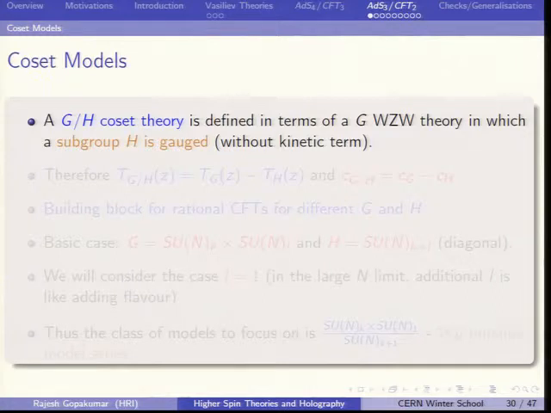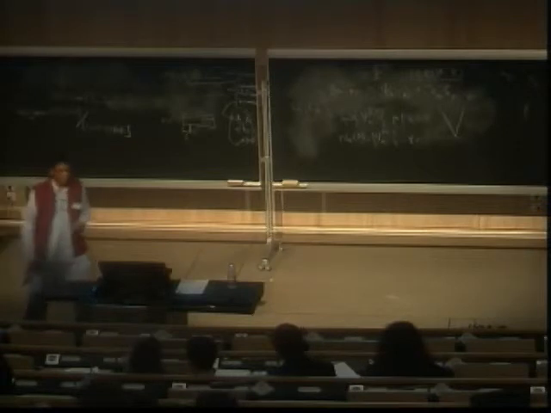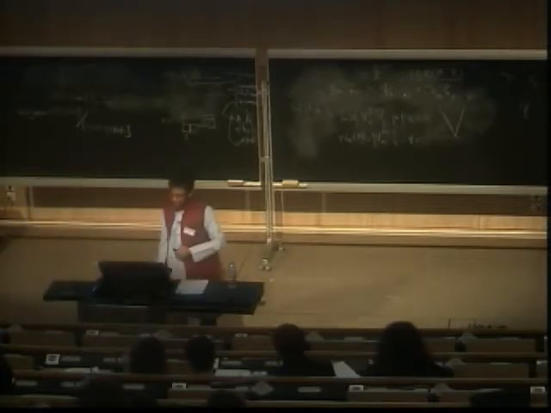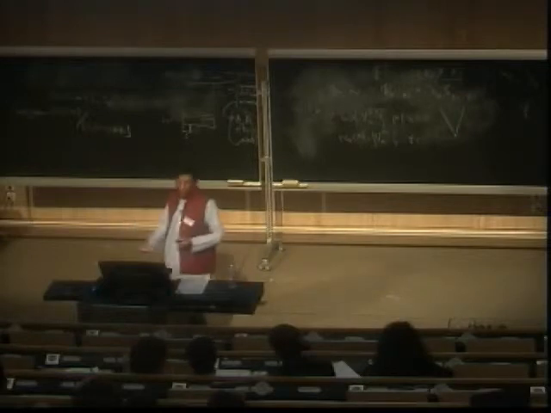So a Coset model, more generally G mod H, is a Wess-Zumino-Witten theory based on the gauge group G, in which you gauge a subgroup H without introducing any kinetic term for this subgroup H that you gauge. So that leads to another conformal field theory.